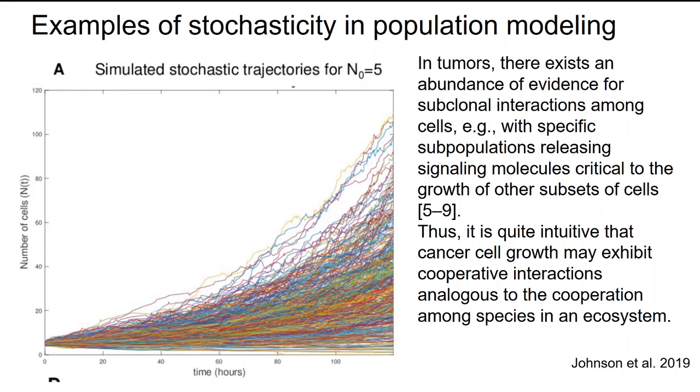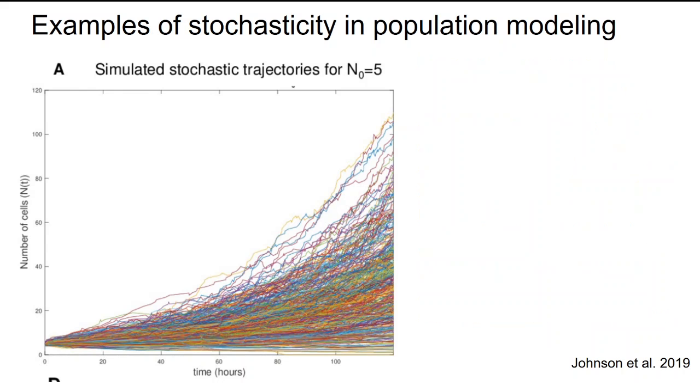It's also true that the fate of those cancer cells is likely to have some individual variability. And so there's some stochasticity in the system, as well as the application for a population model here.